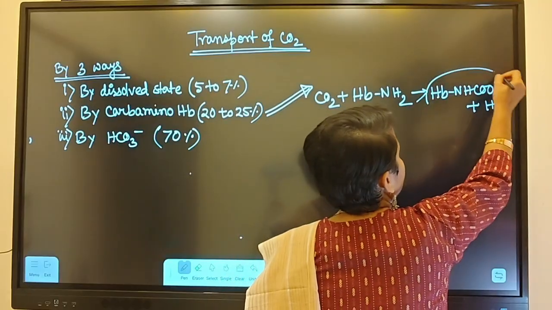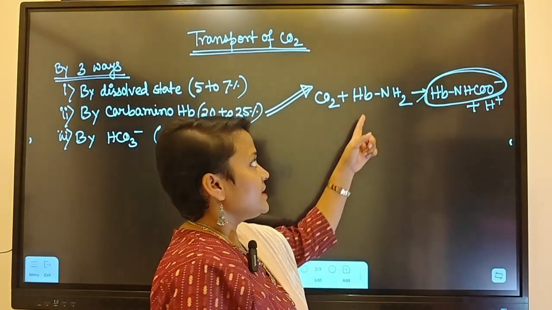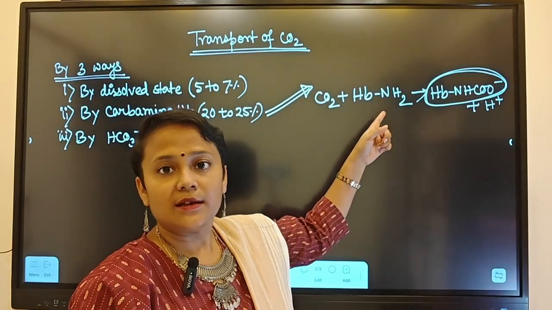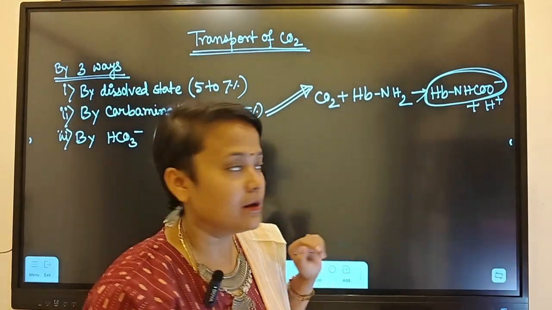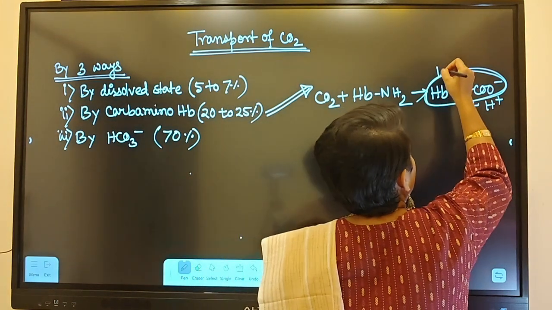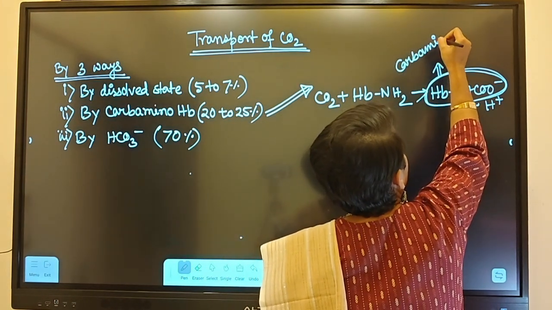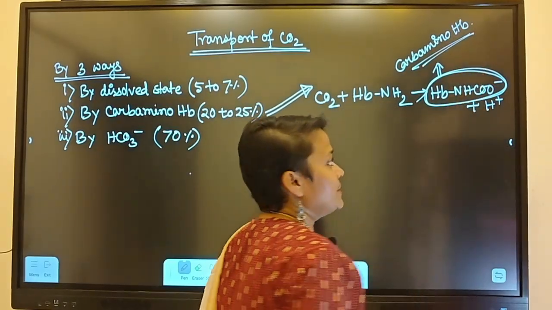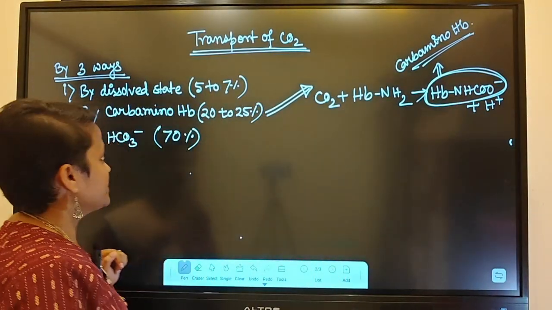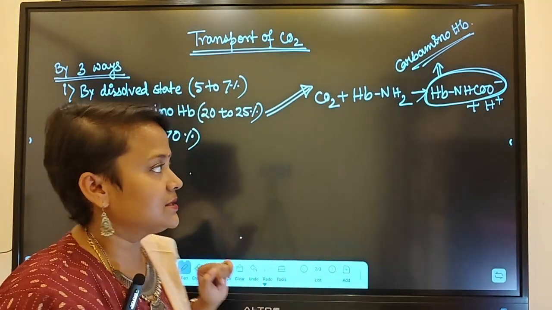So this is nothing but carbamino hemoglobin. I am writing the hemoglobin with a free N terminal. It also has a C terminal. So this one is called carbamino hemoglobin. By carbamino hemoglobin, there will be transportation of carbon dioxide up to 25%.